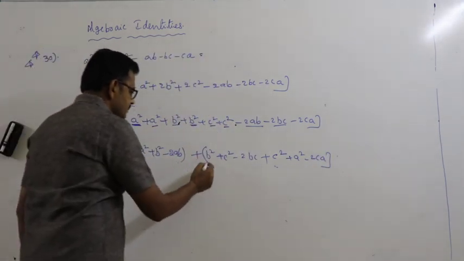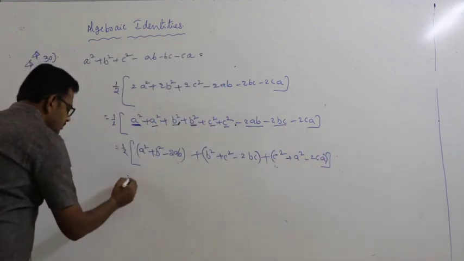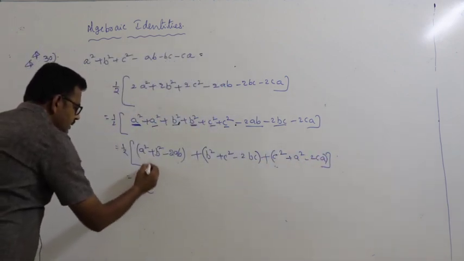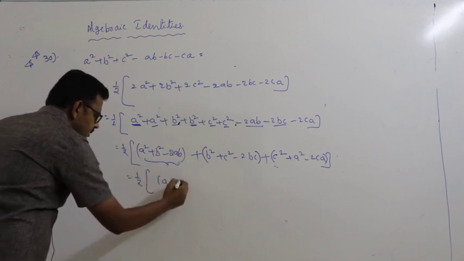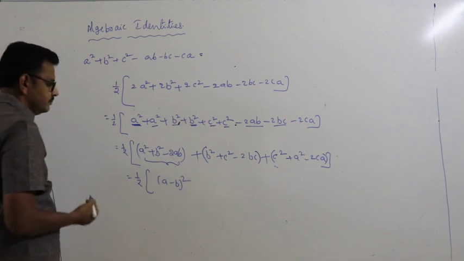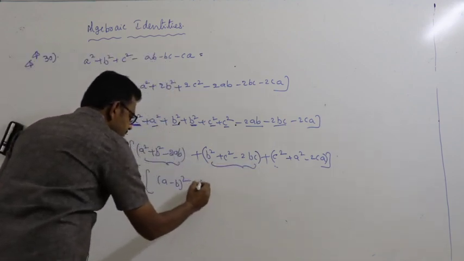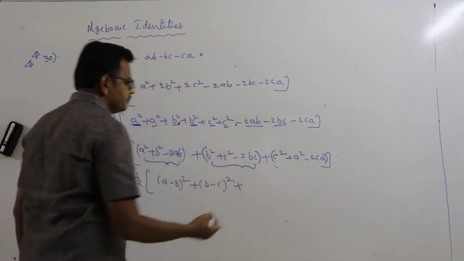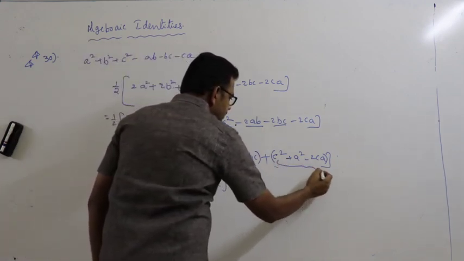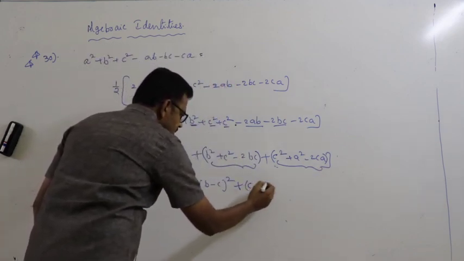So this is equal to 1 by 2 of a square plus b square minus 2ab, a minus b whole square, b square plus c square minus 2bc, b minus c whole square, c square plus a square minus 2ac, c minus a whole square.